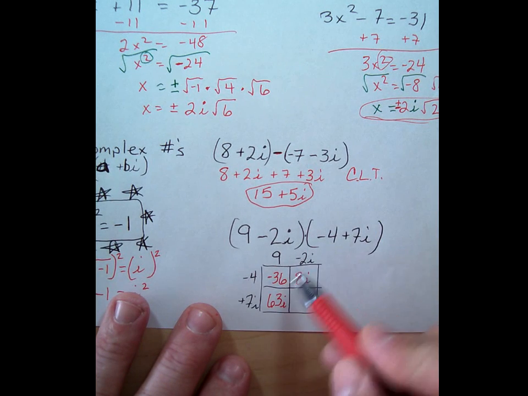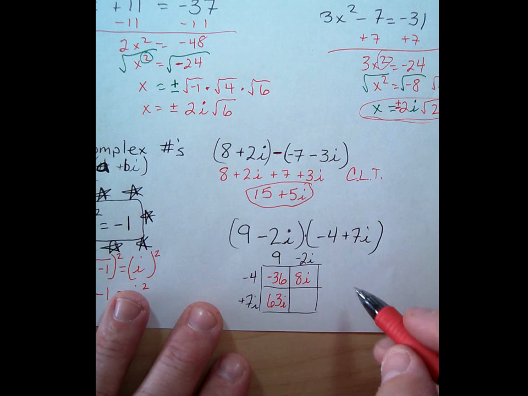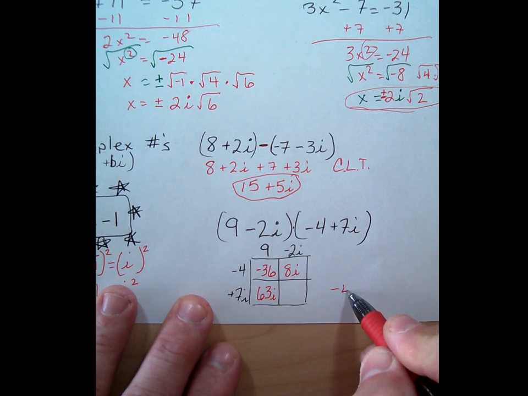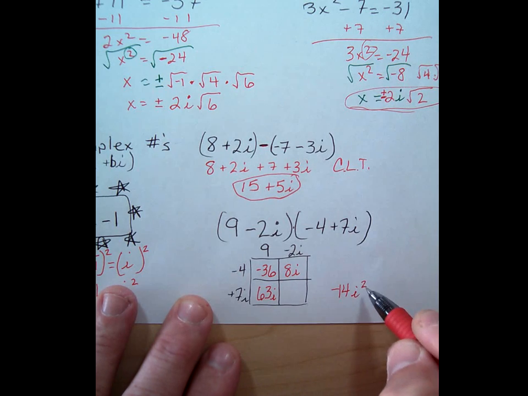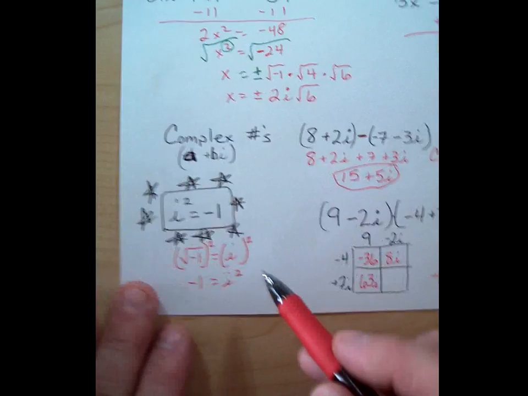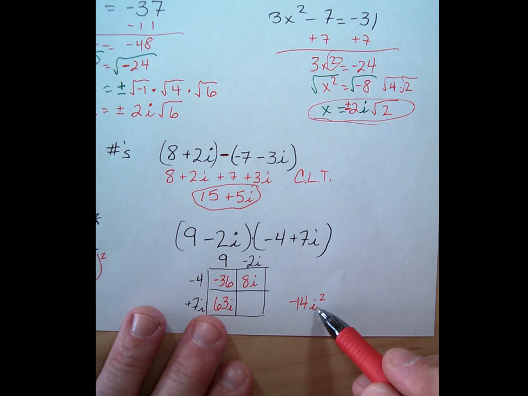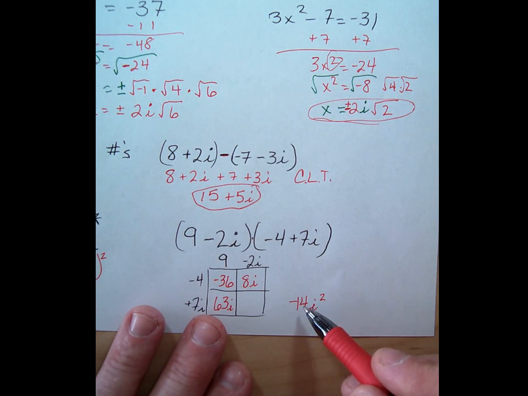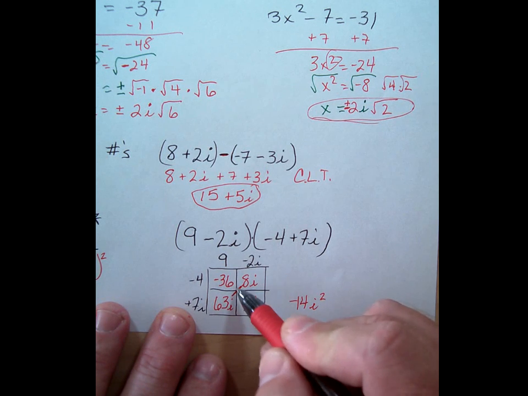Negative 2 times 7 is 14. Negative 14, excuse me. So I get negative 14, and i times i is i squared. Well, the i squared is, dun dun dun, negative 1. So when I see i squared, it's a negative 1. What's a negative 1 and negative 14? Positive 14.